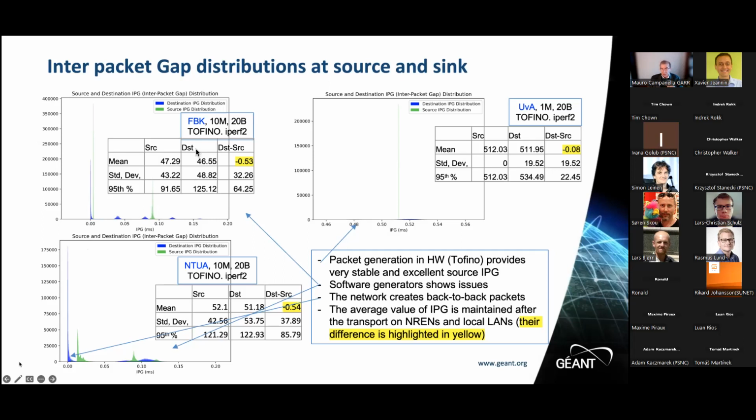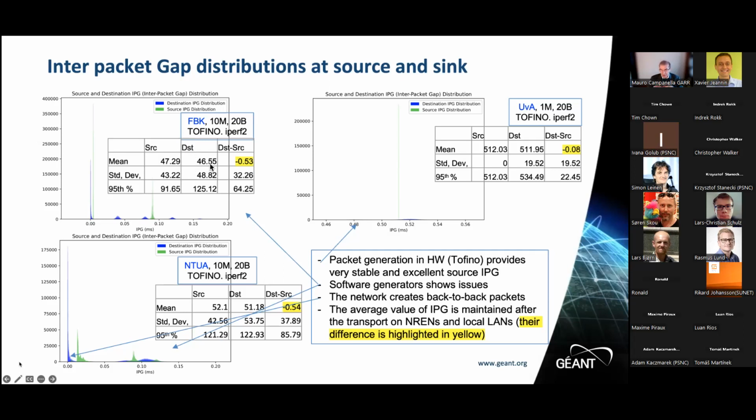But even if you see what looks like a horrible behavior by the source and by the network, if you do the computation in microseconds, then the average value of interpacket gap at the source is 47, and is almost the same at destination.